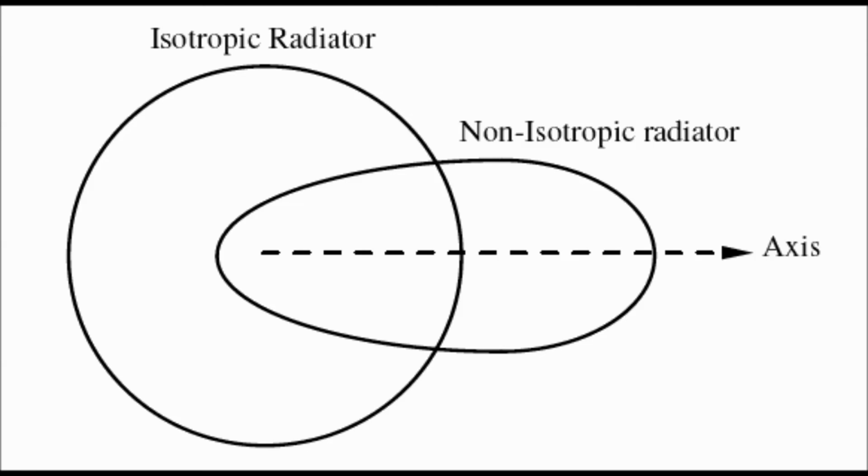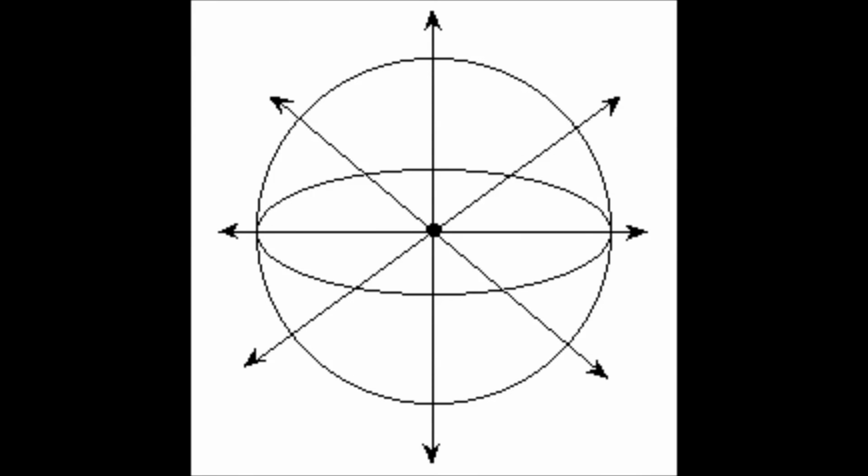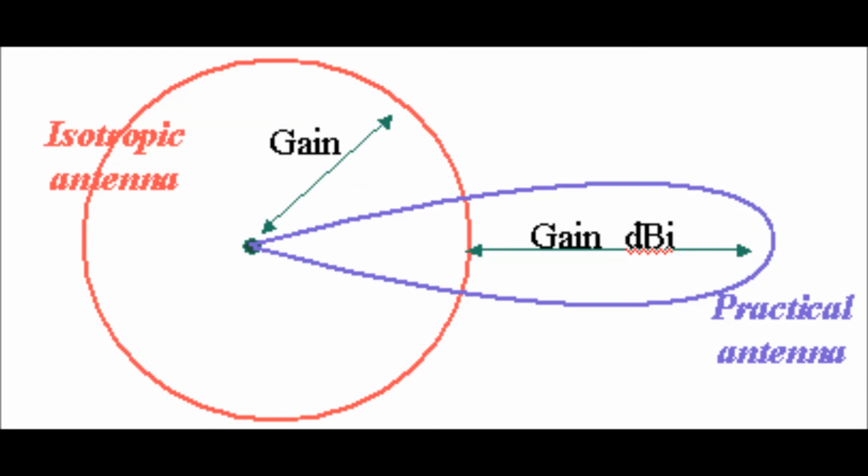Let us consider the isotropic antenna for the instant. Basically, the isotropic antenna is an antenna which radiates equally well in all directions. Of course, it is a theoretical antenna only, because any real antenna will radiate more energy in some directions as compared to other directions.